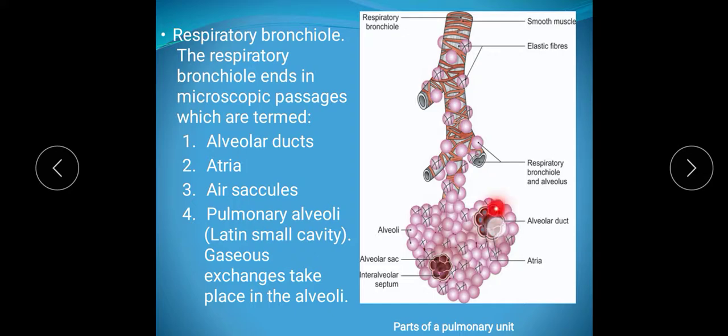This is known as the alveolar duct. The central one is the alveolar duct. Around the alveolar duct there are atria, and these are the air saccules. This round one is the air saccule, and this pink one is the pulmonary alveoli.